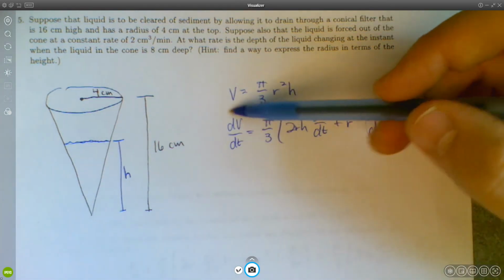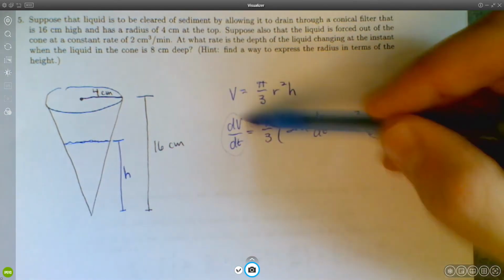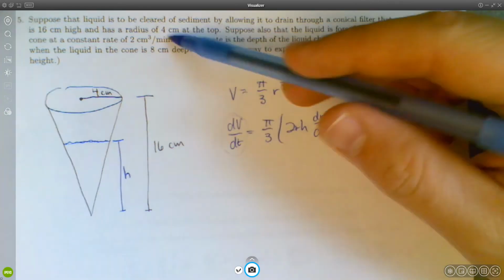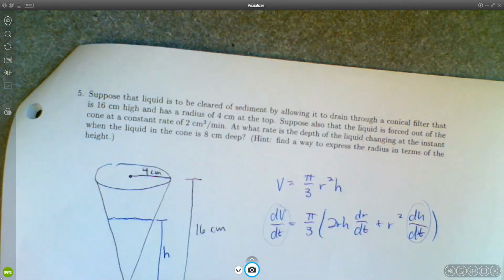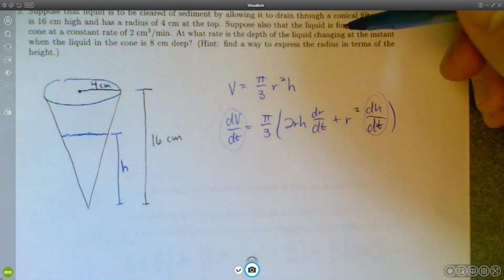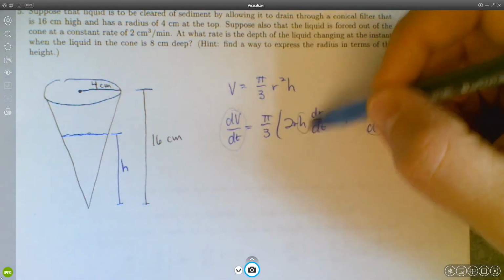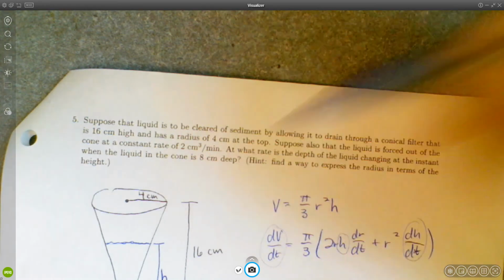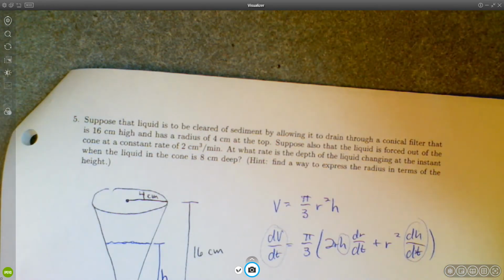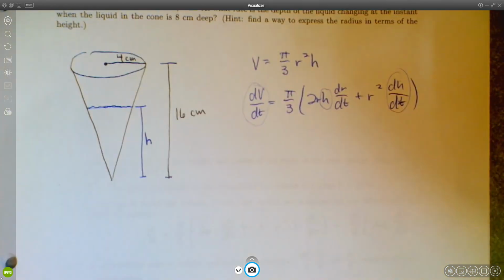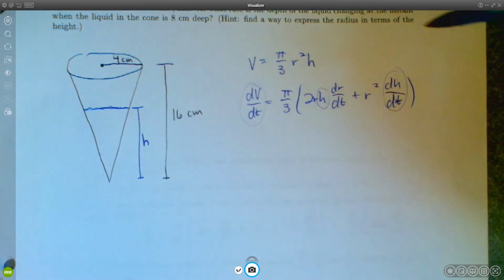We need dV/dt, which we're given, right? That's the 2 cubic centimeters per minute. We need h. We're given that. That's 8 centimeters, right? We're told that it's 8 centimeters deep at the instant we're curious about.